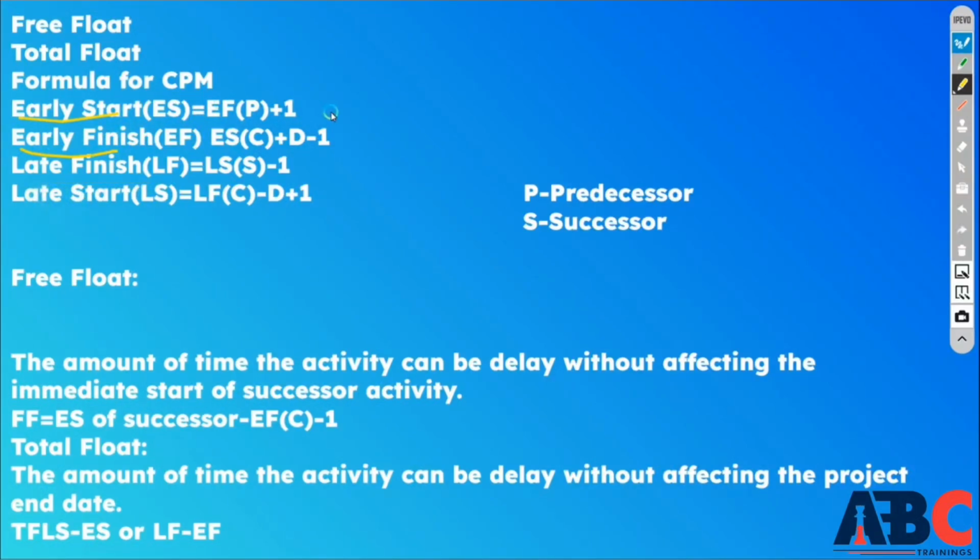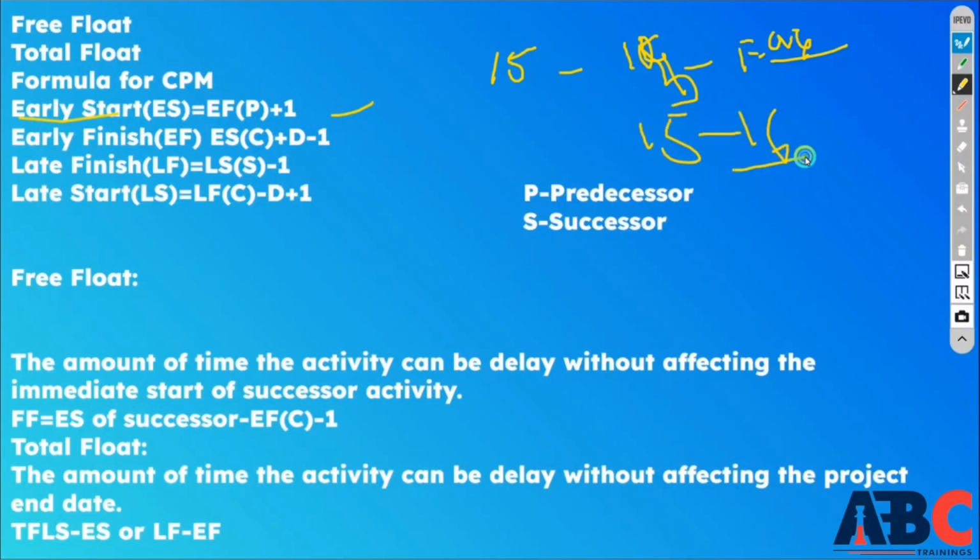Early start means that an activity that was going to start on the 15th, what if it started on the 14th? That is early start. Early finish means that this activity was going to end on the 16th, but before that, on the 15th or only the 16th, it is over.